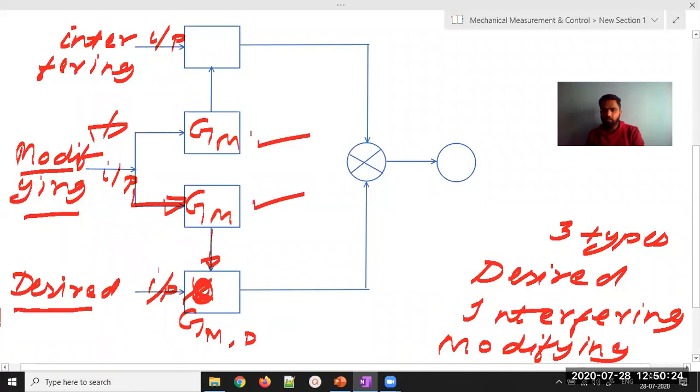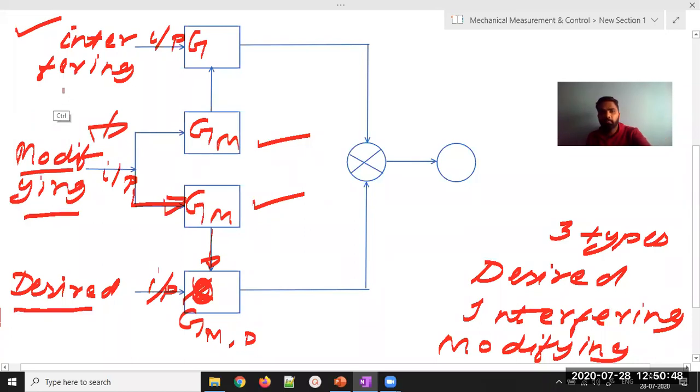One is the transfer function called GM. If it goes to desired, it will change its value to GM of D. And this was already G. Why? Because this is not for a linear instrument. Interfering input is always for a non-linear instrument. Modifying will also make the instrument's input characteristics non-linear.